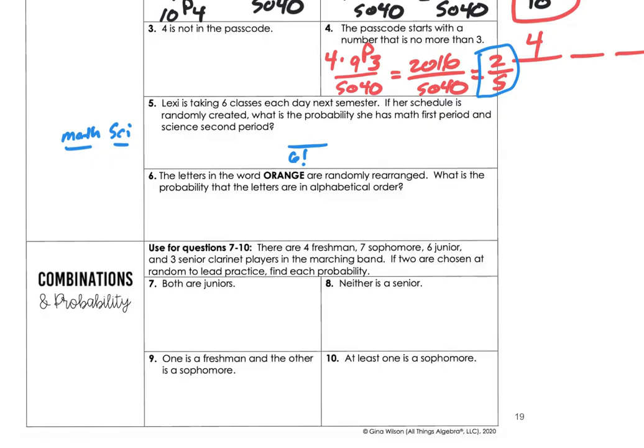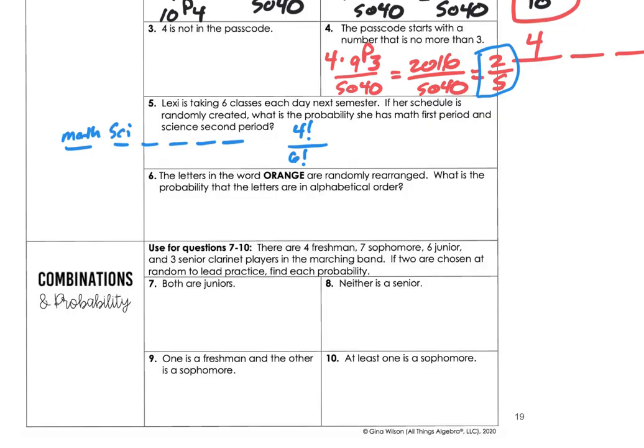Because math and science are already locked in, now I have 4 classes to choose from. And now you can fill it in with your electives or history or whatever classes you're going to fill in with the other 4 classes.